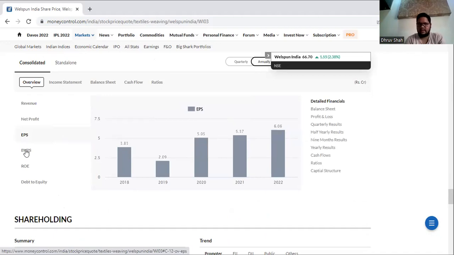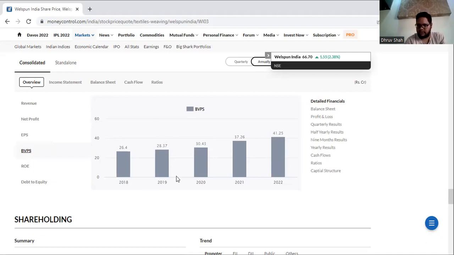Increase. Book value, increase. See, here in 2019, we had low net profit and low EPS. Then also the book value is positive. Why has it happened? Because the debt of the company was lowered in that year, so book value per share increases. Returns.